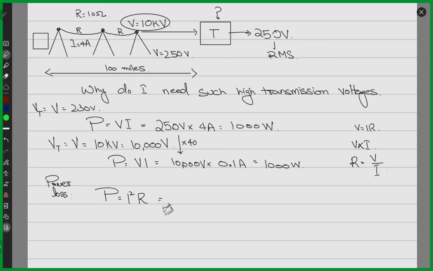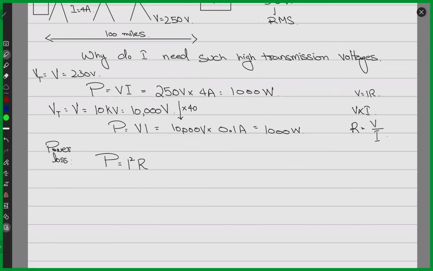So what would that be? Suppose I do it for VT equal to 230 volts. If I have this, then what would be the power loss?